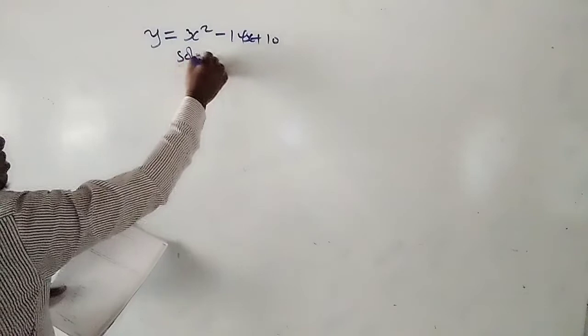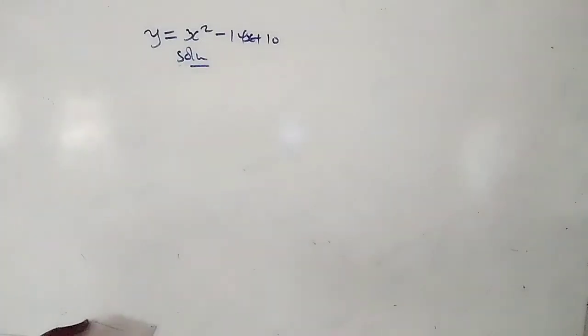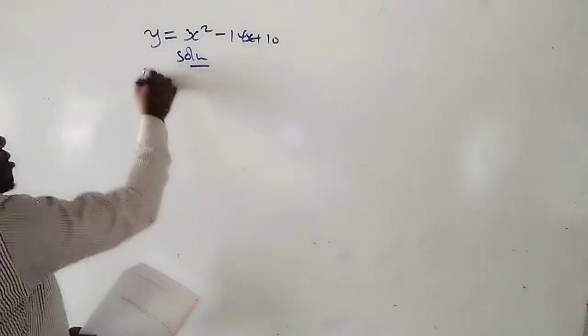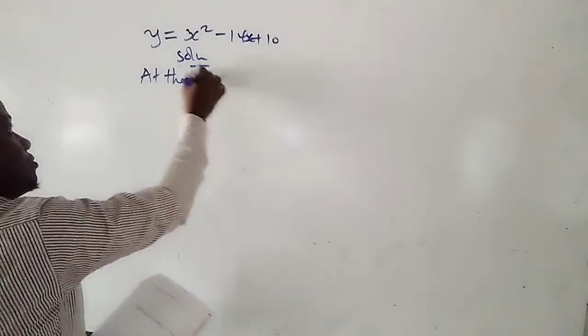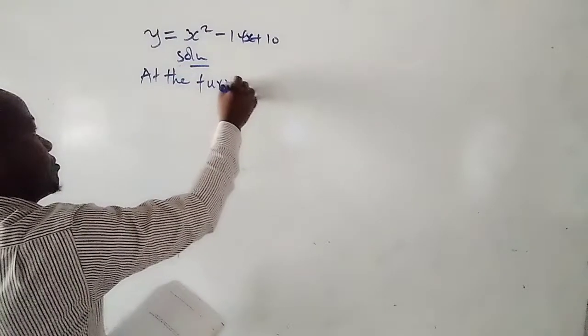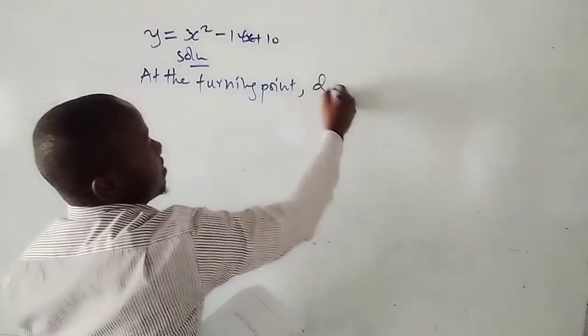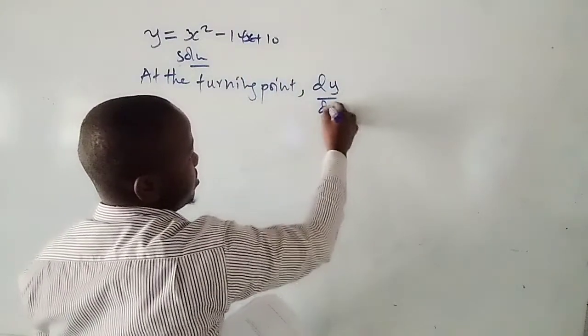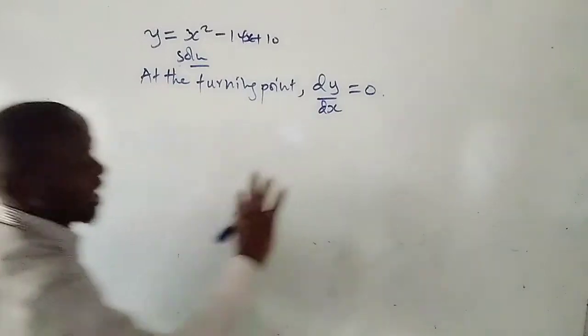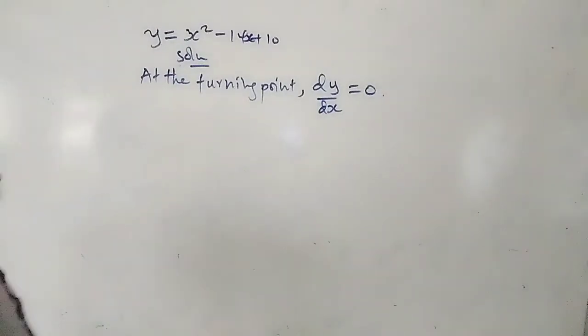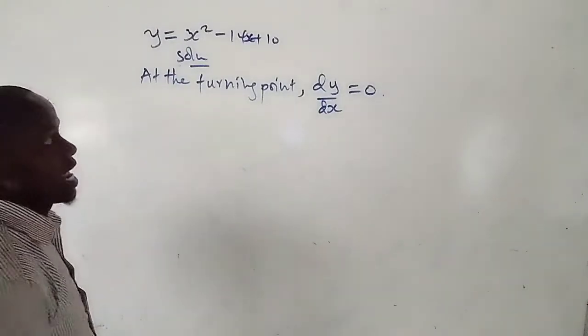We should know that at the turning point, dy/dx should be 0, which is the gradient function. The gradient becomes 0 whenever a curve is turning.